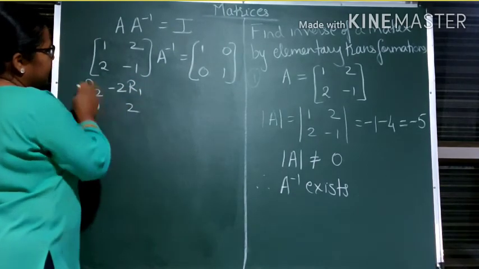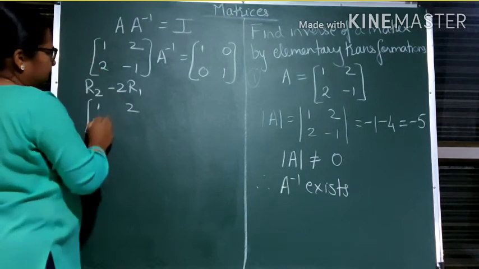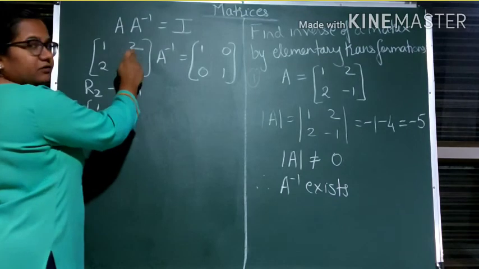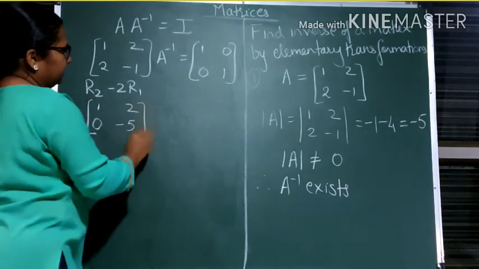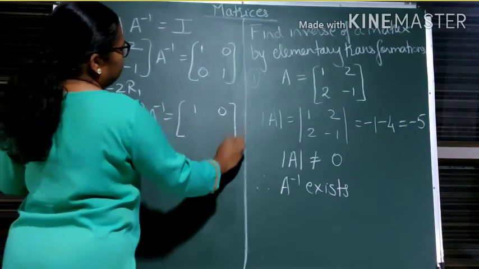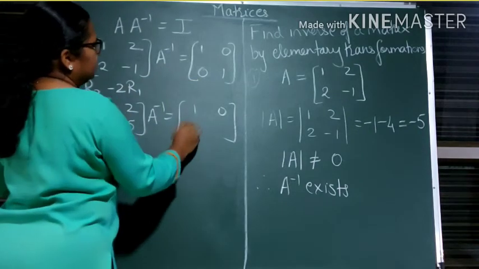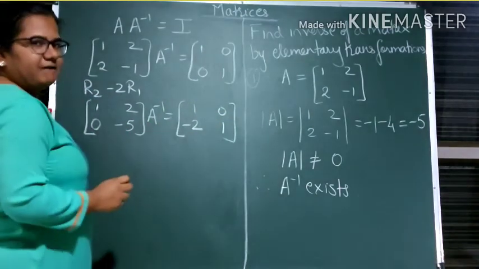First row as it is, R2: 2 minus 2 into 1 is 2, 2 minus 2 is 0. Then minus 1, 2 into 2 is 4, minus 1 minus 4 is minus 5, into A inverse is equal to 1, 0. Here 0 minus 2 into 1 becomes minus 2, and 1 minus 2 into 0 remains 1 as it is.